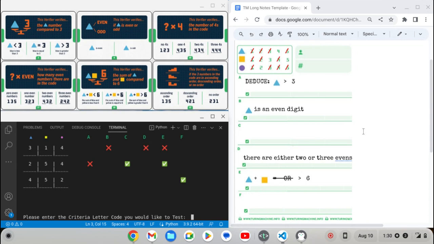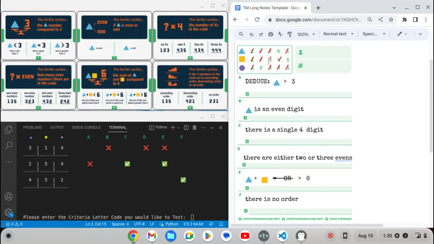So let's see, what did I, oh, so for C, there is a single 4-digit, and for F, we'll say there is no order, and so that would mean that it would have to be 5.